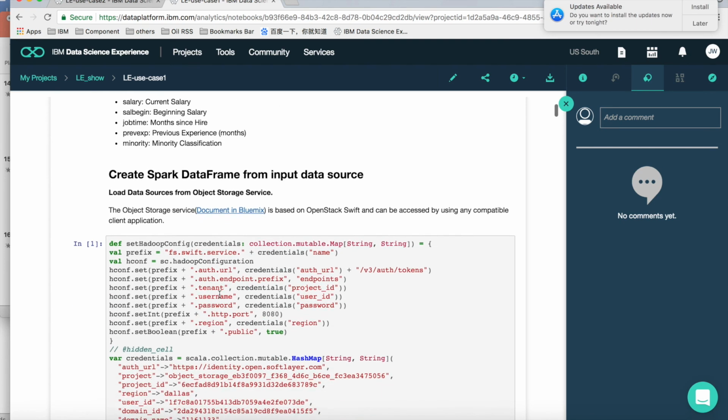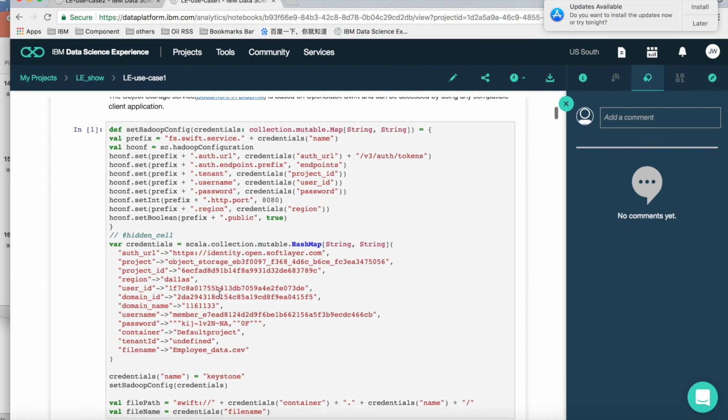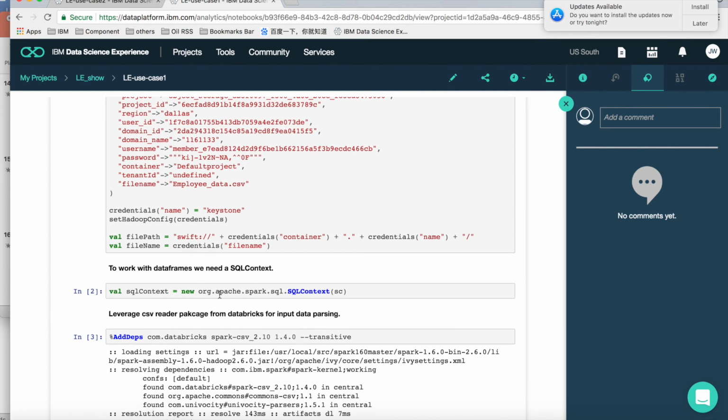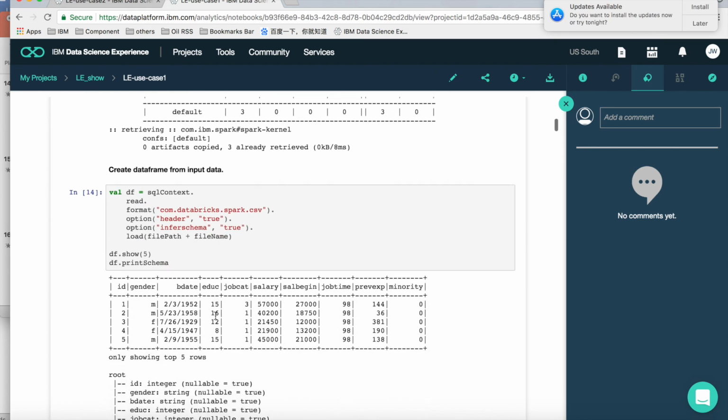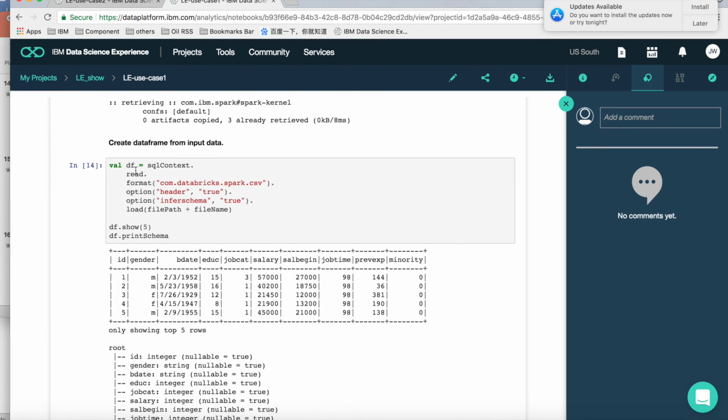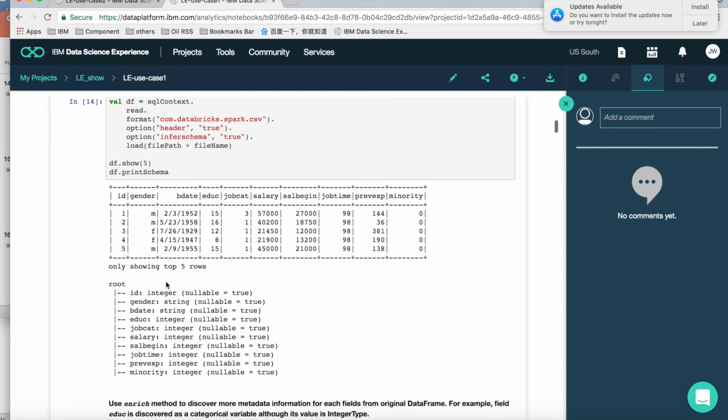We can read the data through the API from Spark. Here you can look, I will read the data frame, and the data frame shows the first five records. Okay, and the schema of this data. It is a simple data schema.